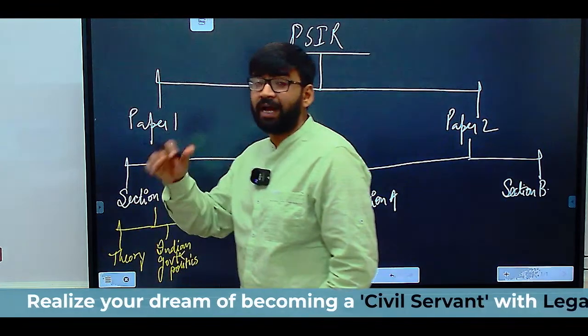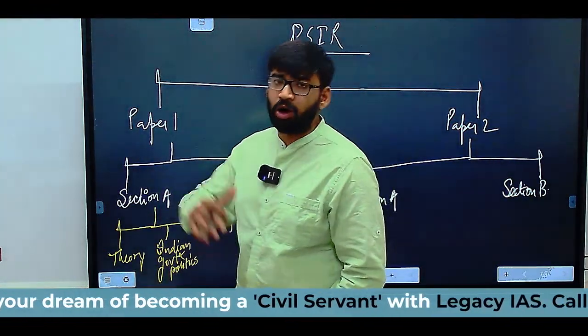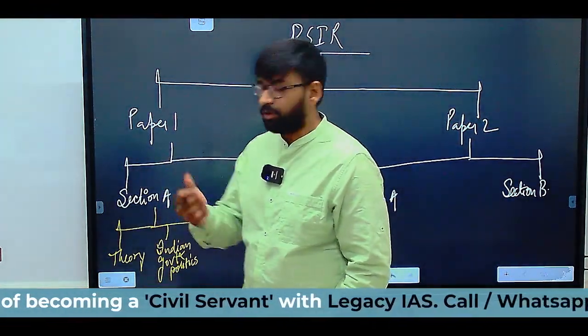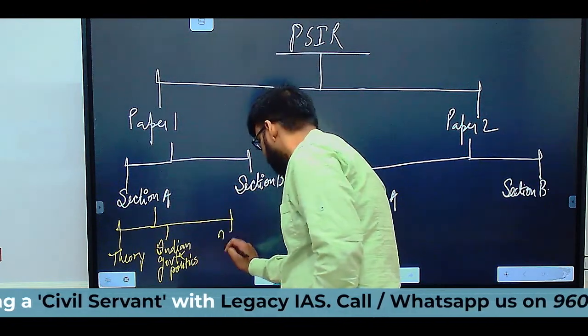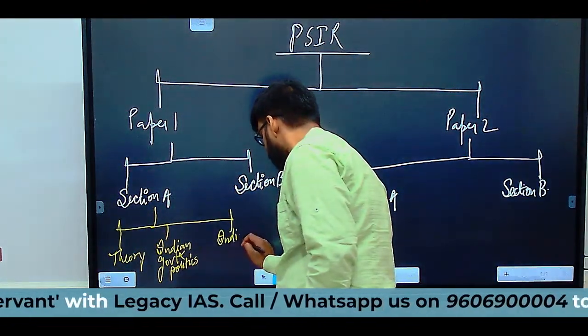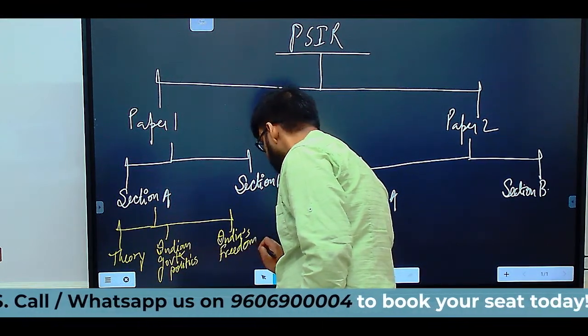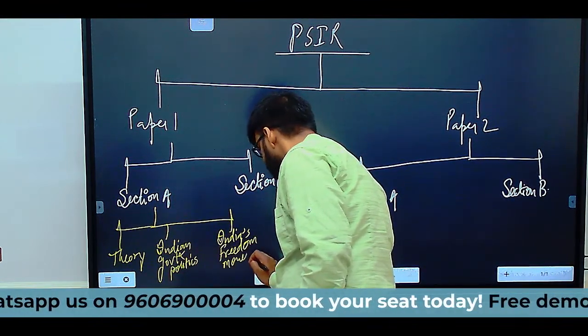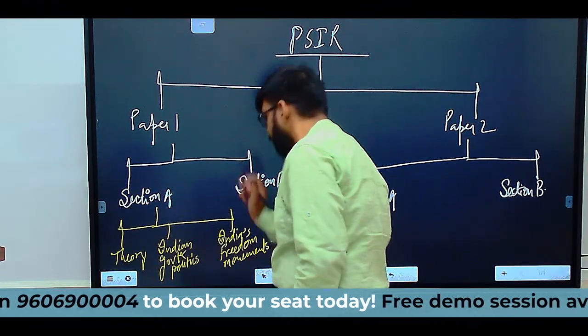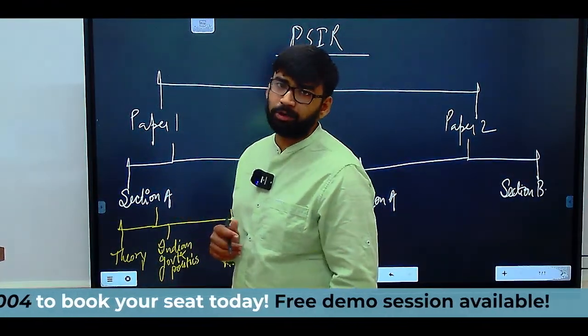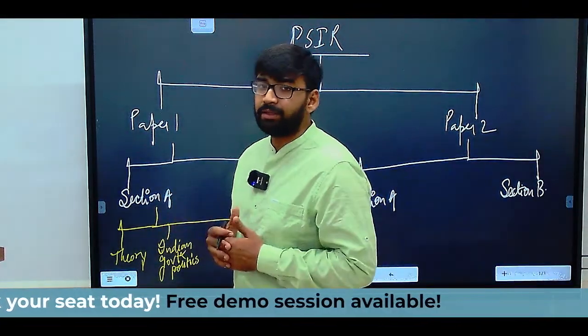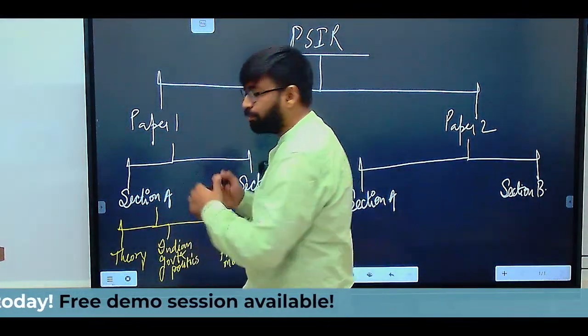To understand Indian government and politics, or the Indian system, we need to understand India's freedom struggle, India's freedom movements. Clear? So there are three important topics in section A.